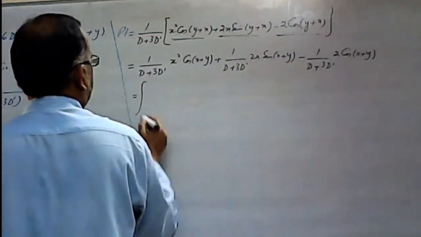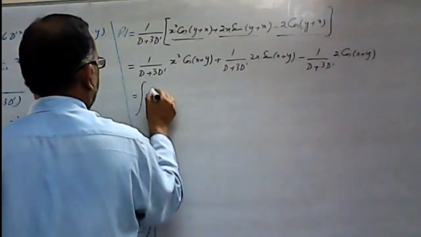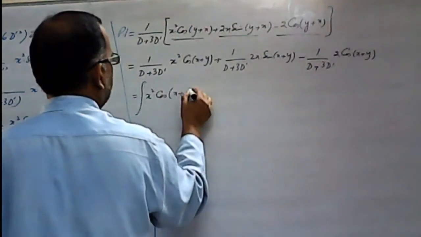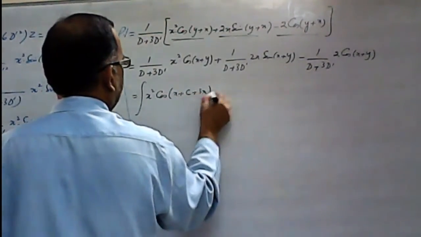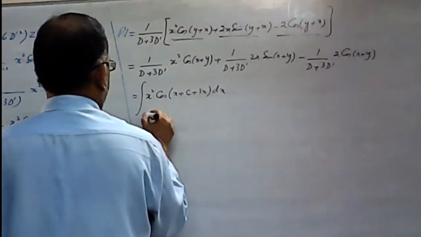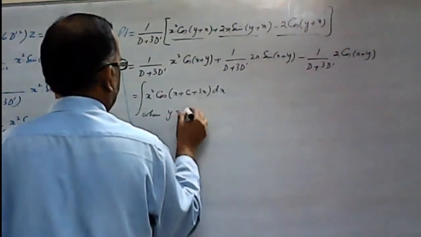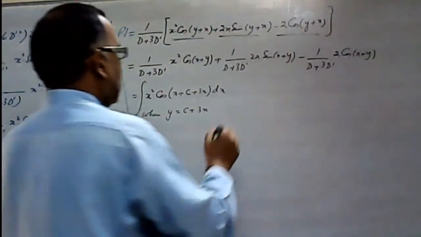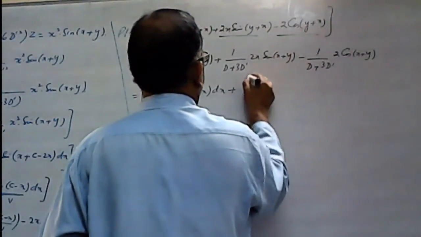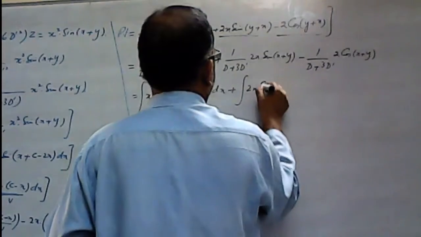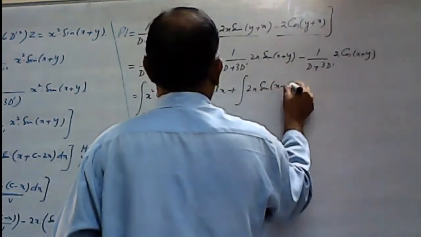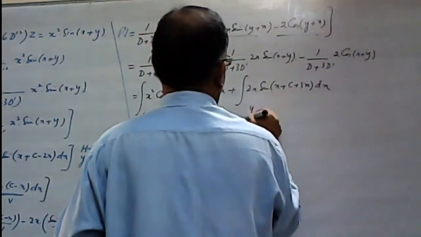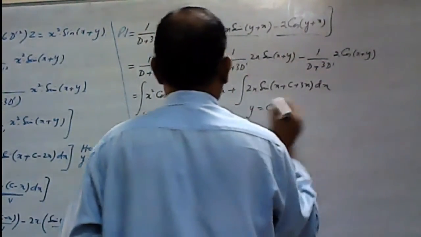So applying method 4, this is the integral of x square cos(x plus y), with y equal to c plus 3x, dx. Plus the integral of 2x sine(x plus y), again with y equal to c plus 3x, dx.